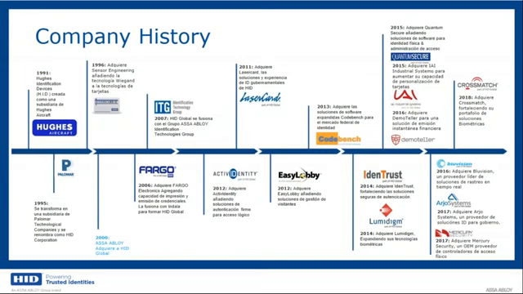HID has been buying or adding some other enterprises with different solutions that have helped us to create a more secure environment, such as Fargo, as you know, those are the printers, Easy Lobby, that is our visitor management system software, and well, right now we also have Blue Vision for tracking.